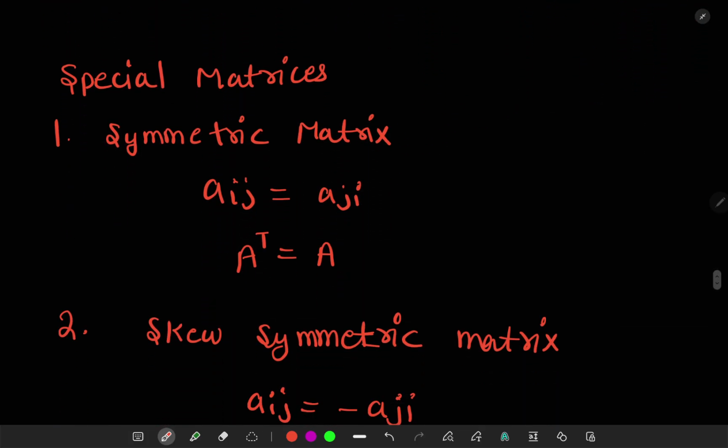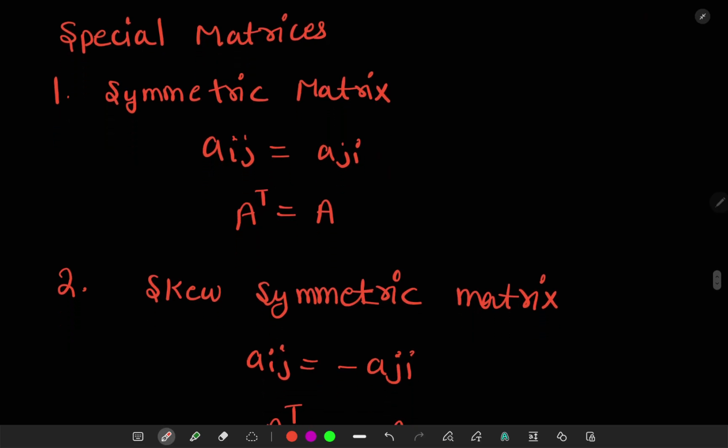Now some special matrices, symmetric matrix. If we take transpose of a matrix A, then it comes out as matrix A. It means the element of ith row and jth column is equal to Aji.